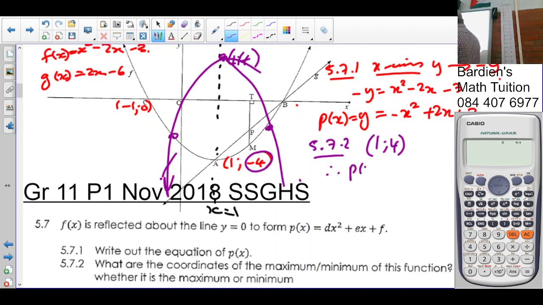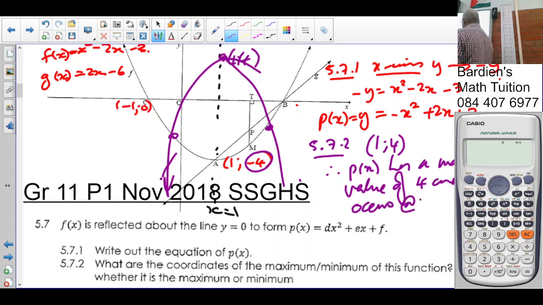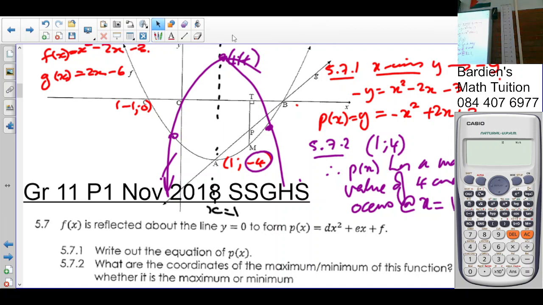Therefore, p of x has a maximum value of 4, and it occurs at x equal to 1. That's basically the coordinates of the turning point.